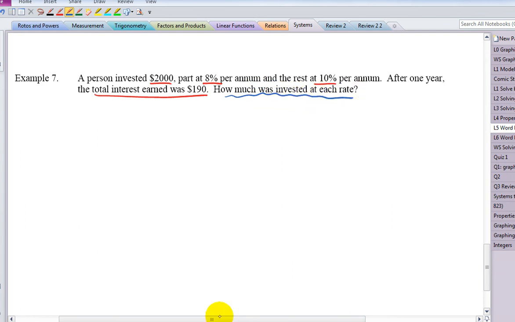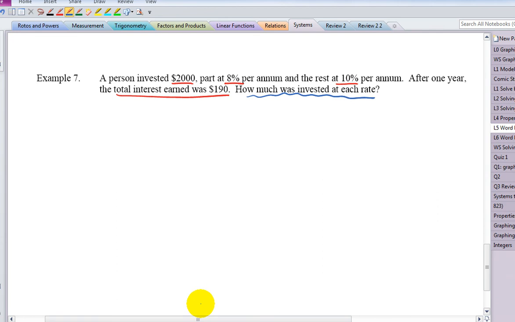So that's what we have to do with our legend or our if-then statements. X should equal the amount at 8%. What would Y then equal? The amount at 10%. Okay. So look at the first little part and make up an equation.